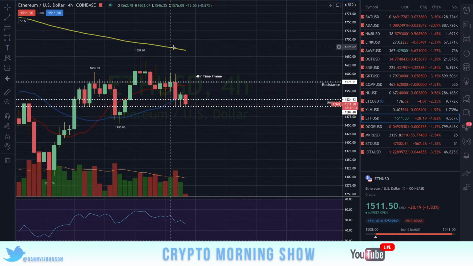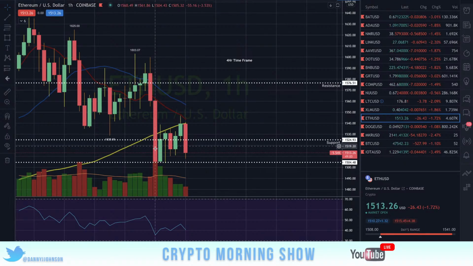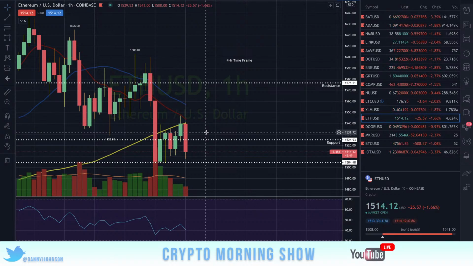Yeah, there's a 100-day up there, but let's switch back. I think it's a good indication of the struggle. As you can see, 1, 2, 3, 4 times. Now we have the 12, 26-day moving average coming down to give us more resistance.